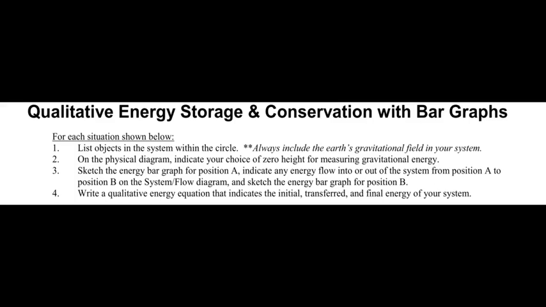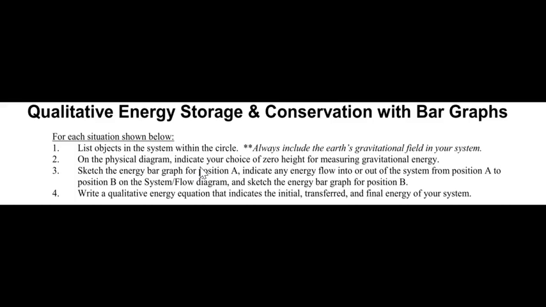Whenever we look at each situation, we want to follow these rules. First, we list the objects in the system within a circle. Second, on the physical diagram, we choose where zero height will be. At that location, the gravitational potential energy will be zero.